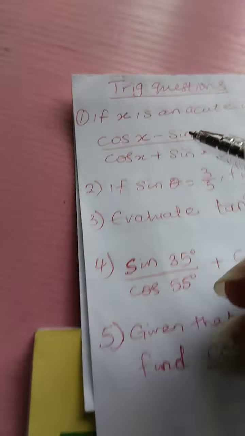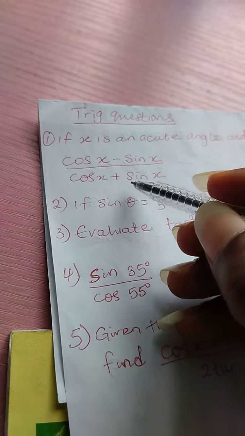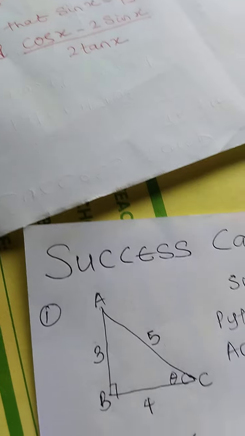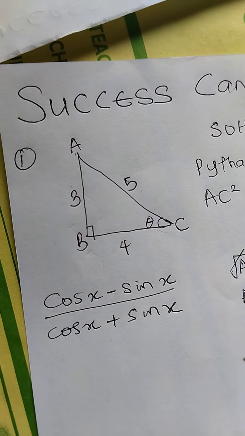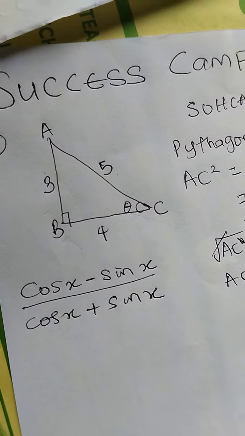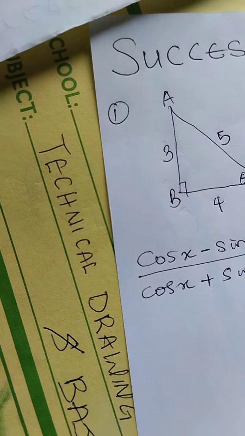So now we'll go back to the plate and I say cos x minus sin x over cos x plus sin x. I'll pause the video and write the question. So welcome back. Cos x minus sin x over cos x plus sin x. By achieving that, I can always find what my cos x is.